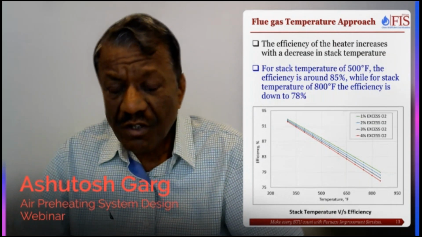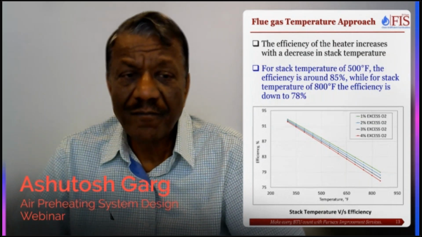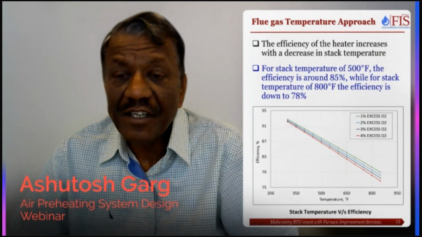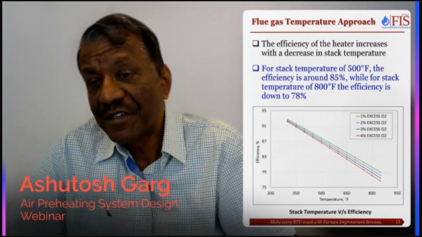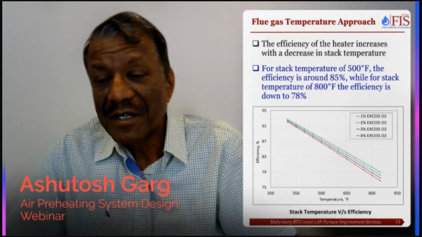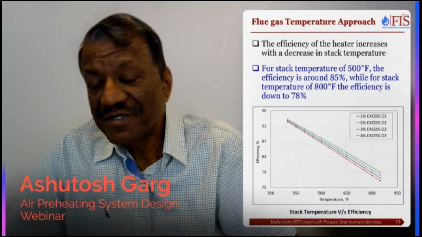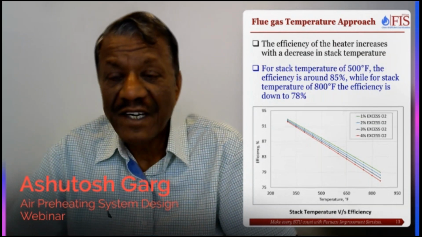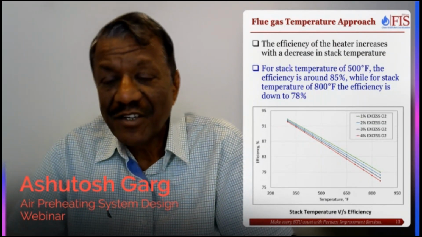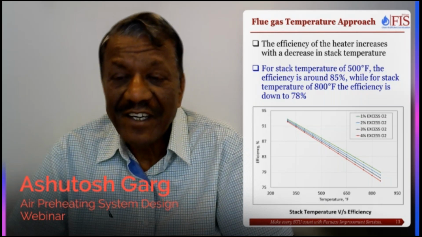So you want to have the maximum efficiency. And the maximum efficiency theoretically could be as high as 100%. Theoretically. But there are lots of constraints. We will talk about that. And state-of-the-art heaters will have about 90, 92%.